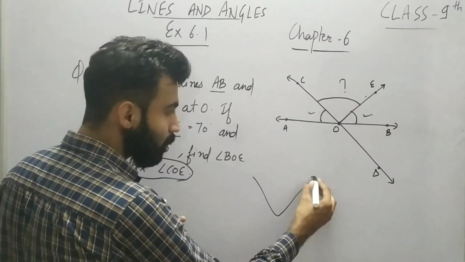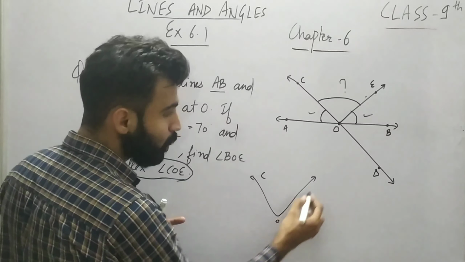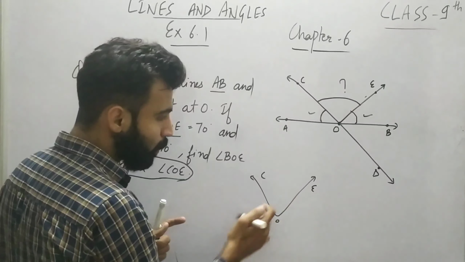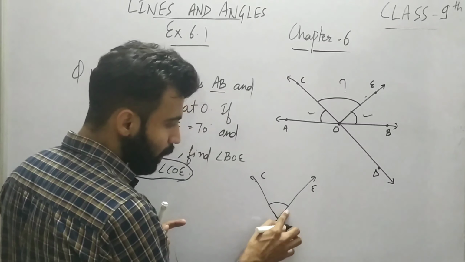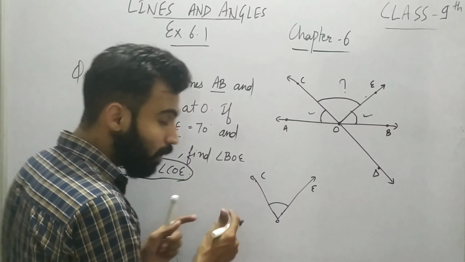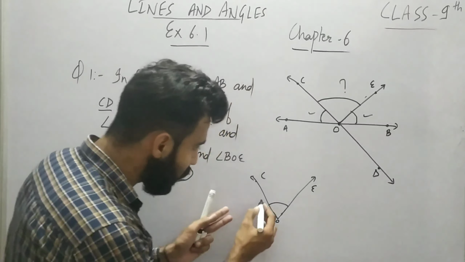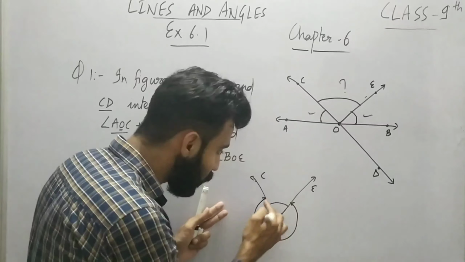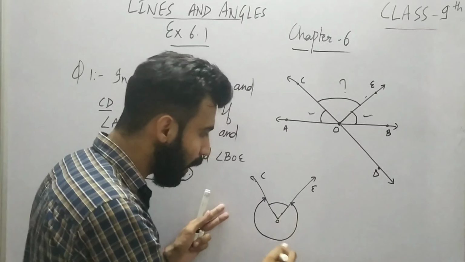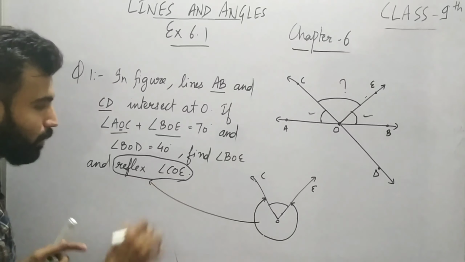Suppose this was the angle COE. If you separate it from this diagram, you will see that this is the angle COE. Let me draw it like this. So what is reflex angle COE? You can see the remaining portion of the angle, this one. So this whole angle is known as the reflex angle COE.